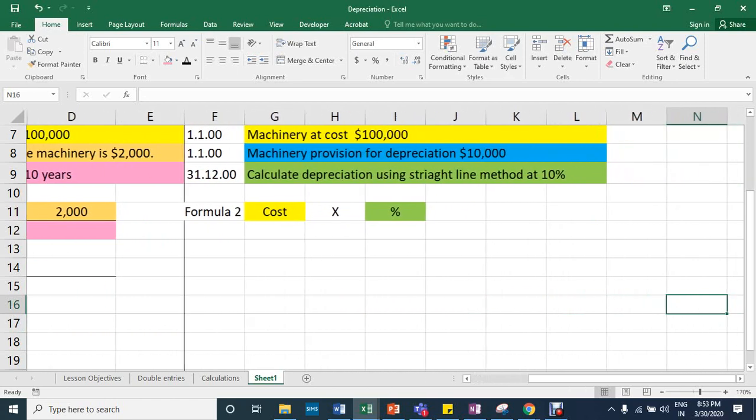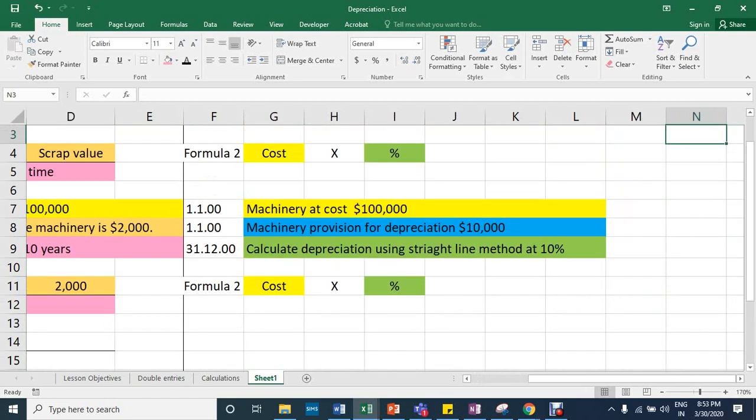Now let's move back to the second formula, cost times the percentage. So here the cost of the machinery is 100,000 and the percentage 10%. That means 10 divided by 100. And then you find the answer.